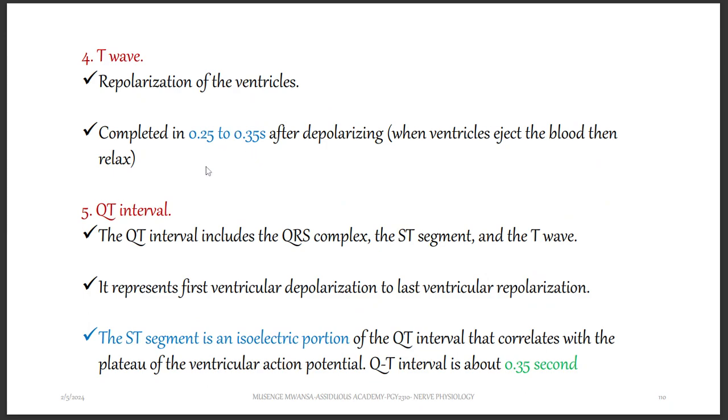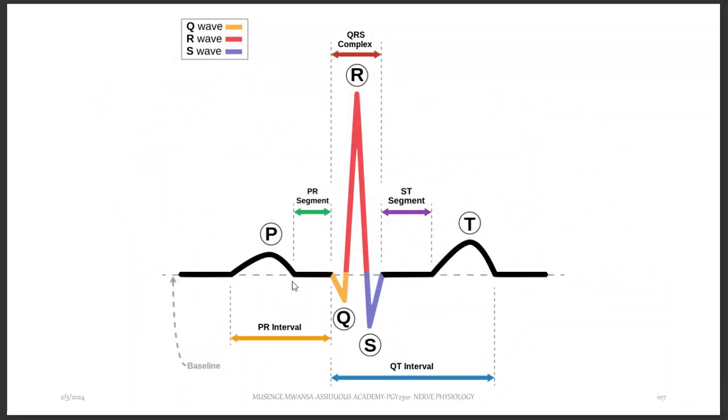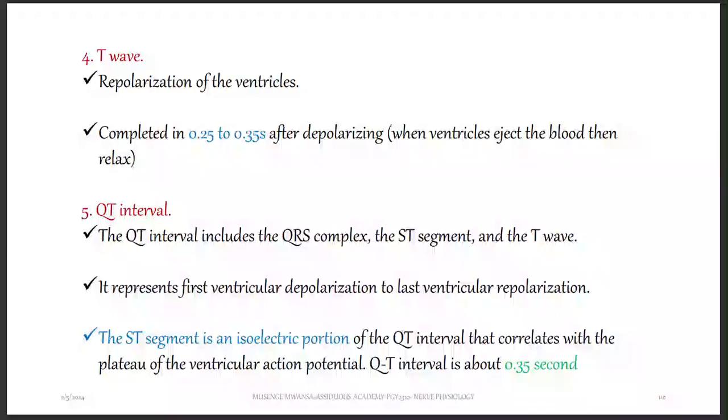QT interval, every time you hear of an interval, now this is the QT interval, it will include the entire QRS complex and the entire T wave. That's a QT interval. And this one represents the first ventricular depolarization to the last ventricular repolarization.